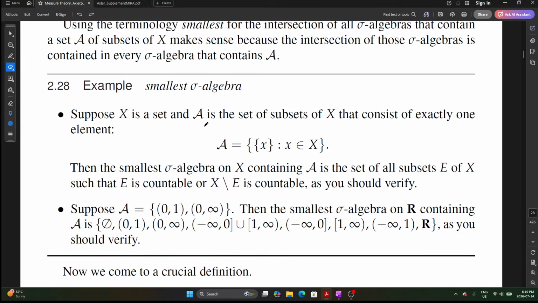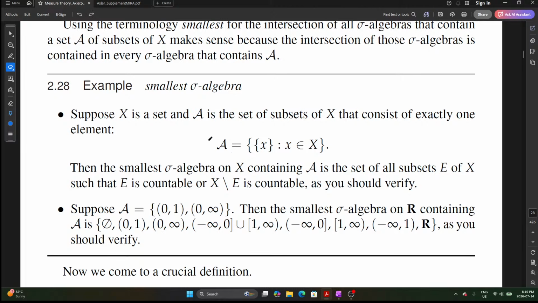Okay. Anyway, so here, script A is the collection of all singletons. When we have this collection, can we describe the sigma algebra that contains A?